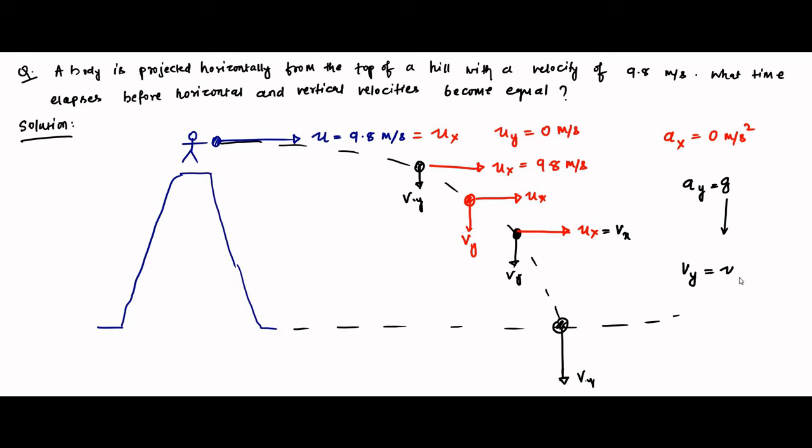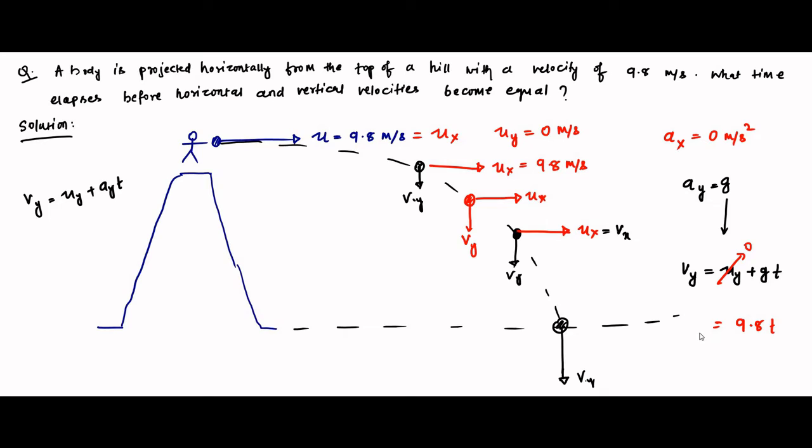Initially it is 0, but it will keep on increasing as per this equation: Vy is equal to uy plus gt. Actually the equation is Vy equal to uy plus ay t, and as ay is equal to g, Vy is equal to uy plus gt. Now uy is 0, so Vy is equal to gt, which is 9.8 t.